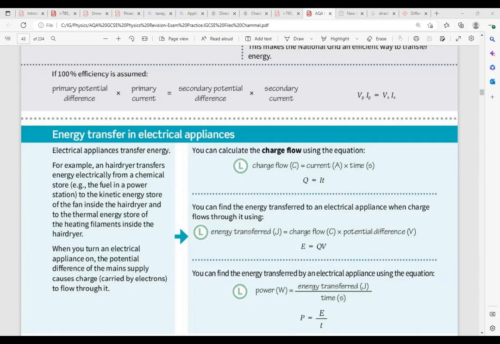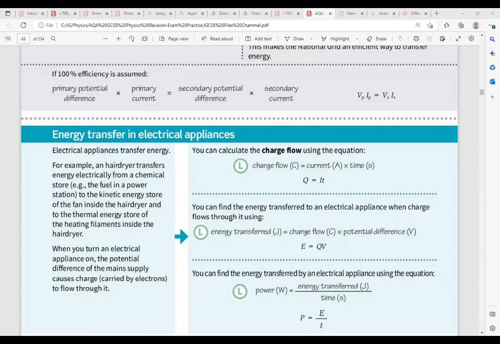Imagine I divide that energy by time. So I have to divide this by time, right? What is Q over T? If I divide energy by time, what is the electrical quantity represented by Q over T?